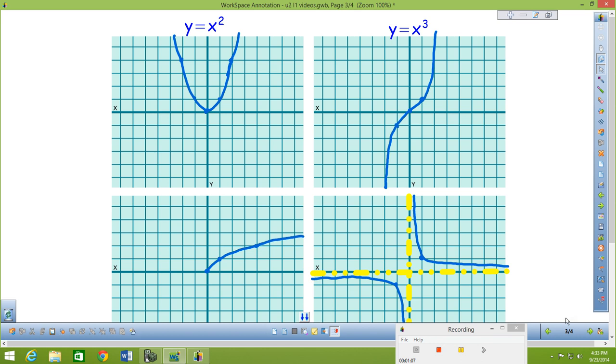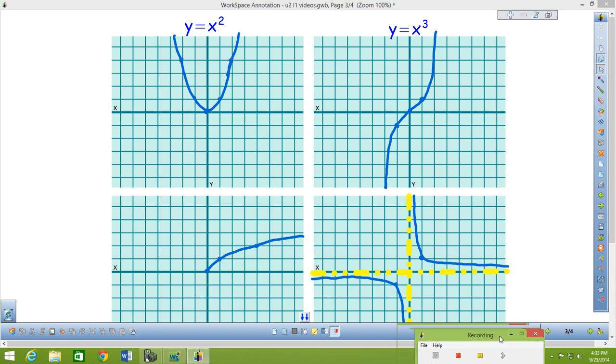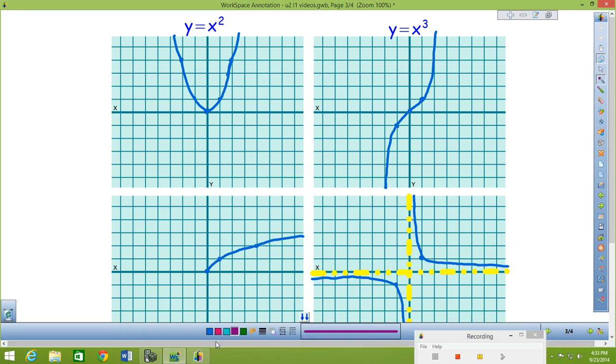Okay, so I have four parent functions here, and the critical point of the first one, which is quadratic, would be this vertex right here. So we'll be looking to see if the vertex of the parabola moved left or right or up or down.